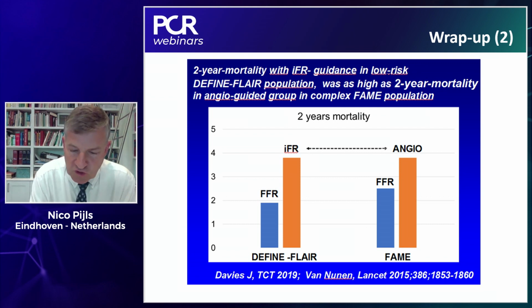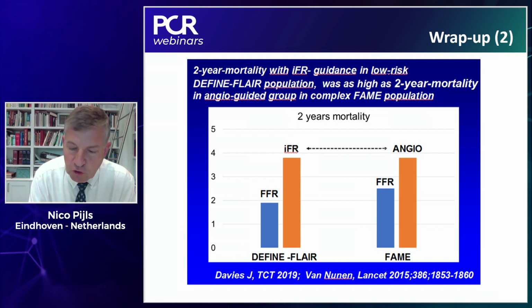What you see here is the high mortality with iFR, even in absolute terms, about 4% after 2 years, and that is exactly twice as high as in the FFR-guided group. And in addition, you can notice that the 2-year follow-up with iFR in the low-risk DEFINE-FLAIR study is as high as the mortality in the angio-guided group in the FAME study with complex multivessel disease.